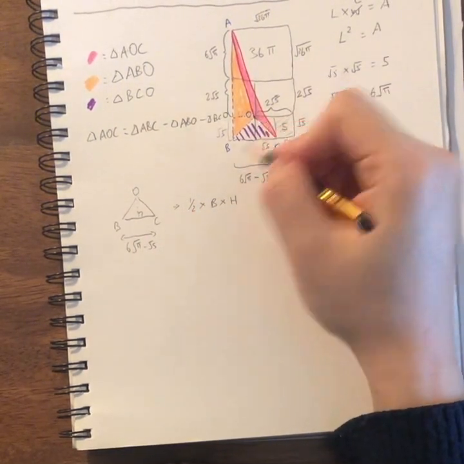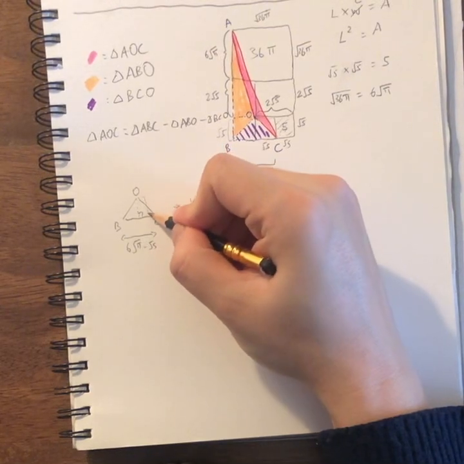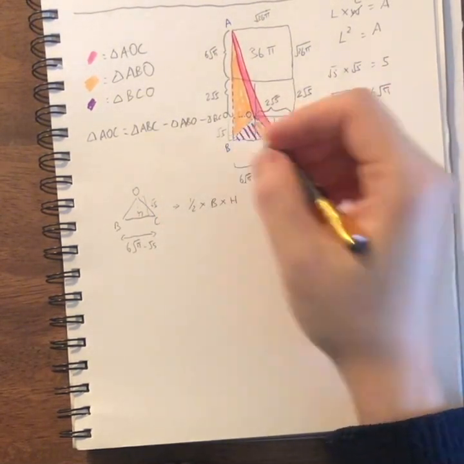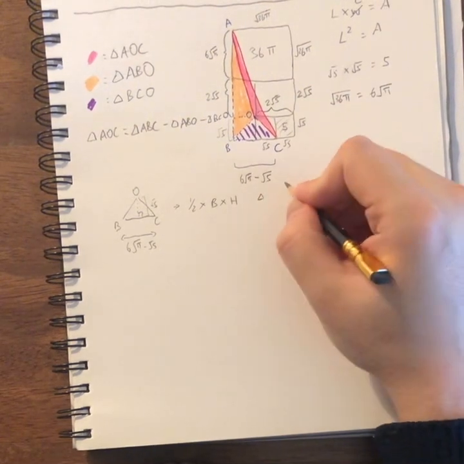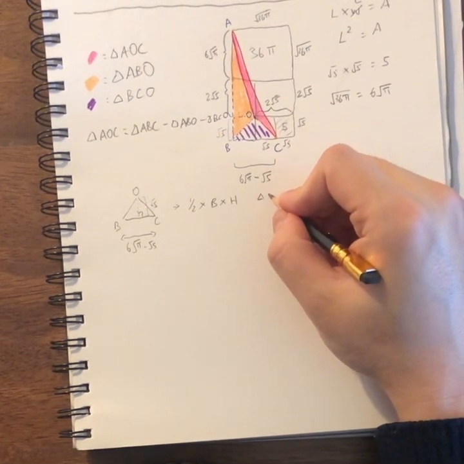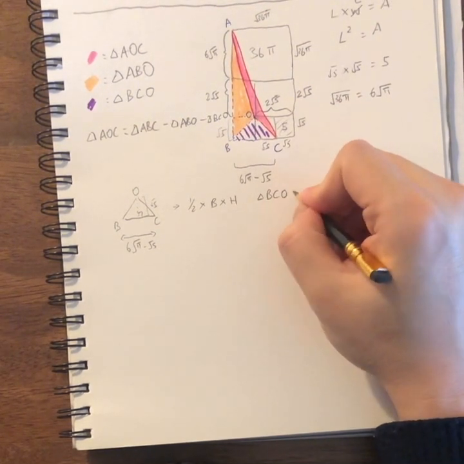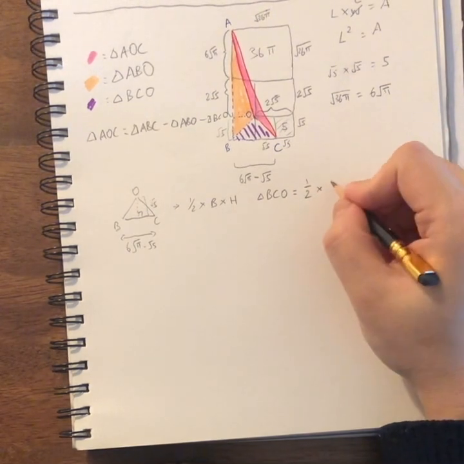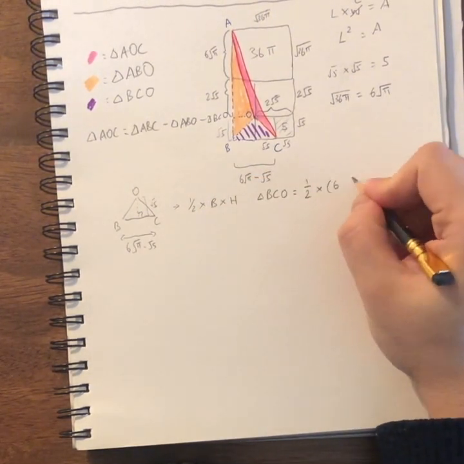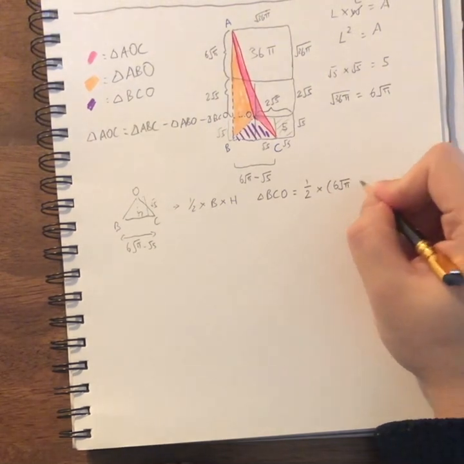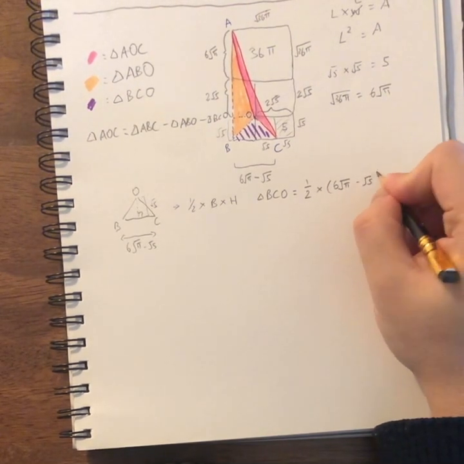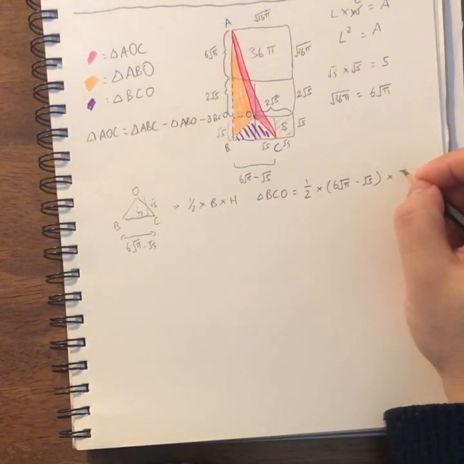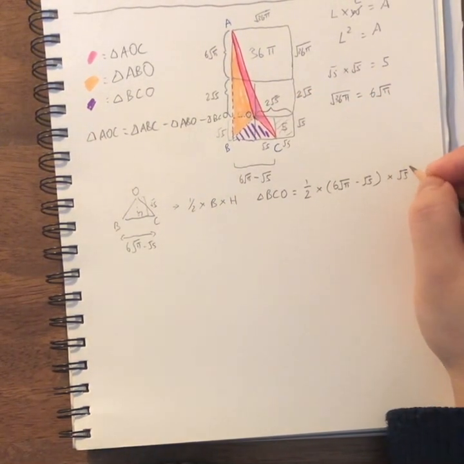I know my height, that's that bit there, root 5. Then the area of the purple triangle BCO is simply half times base, which is 6 root pi minus root 5, times my perpendicular height, which is root 5.